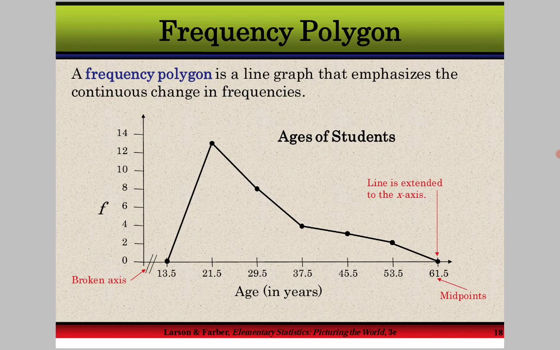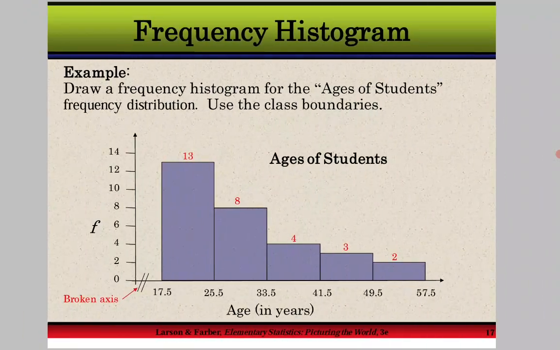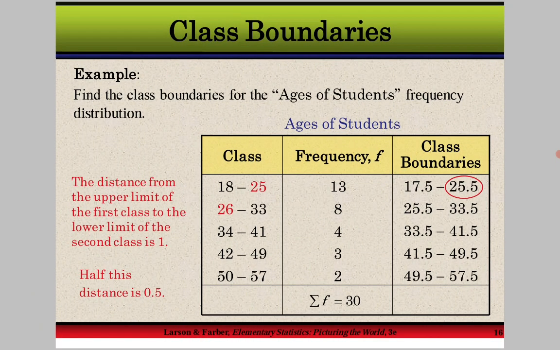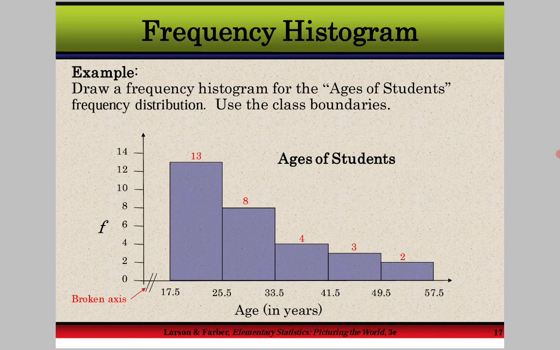For ages of students, we take frequency starting with 0, 2, 4, 6, 8 up to 14, and on the other axis we take 0 to 14. So how to draw a frequency histogram? Draw a frequency histogram for the ages of students example.